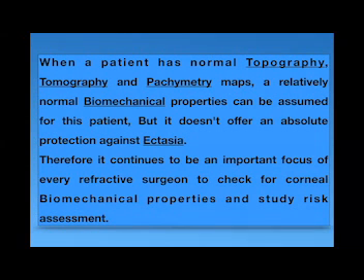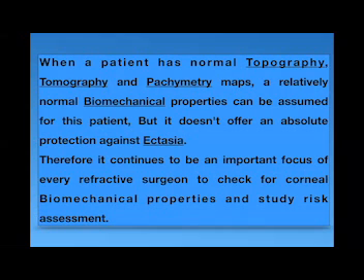So if you suspect any patient, if you have any mild risk, you have to send this patient to get an ORA or Corvis to study the corneal biomechanical properties for this patient, which will support you.